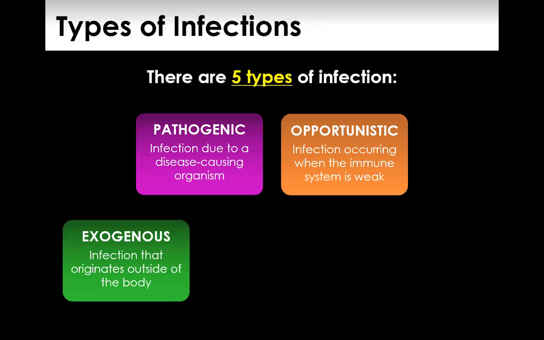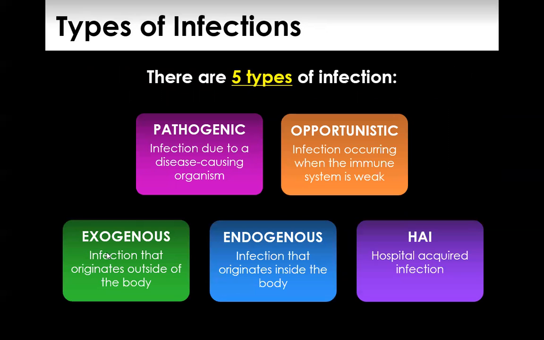So let's look at the different types of infections. You definitely need to know this, not only for microbiology, but as a practicing nurse. There are pathogenic infections, which are infections due to a disease-causing organism. An opportunistic infection is seen when your patient has a reduced or lowered immune system.